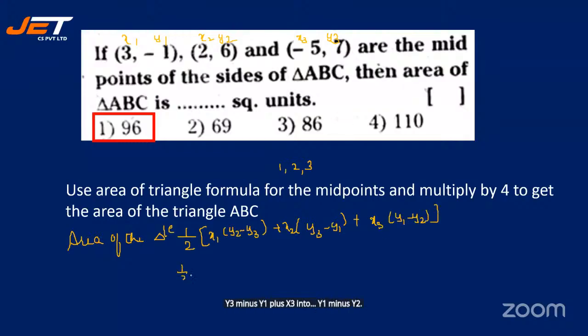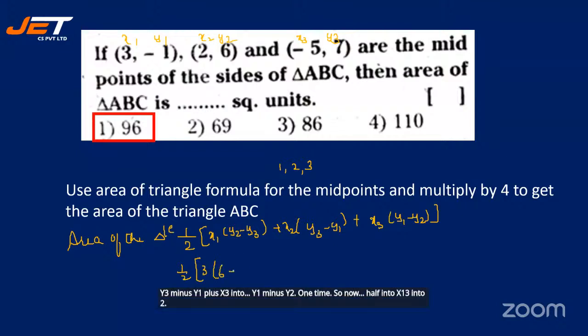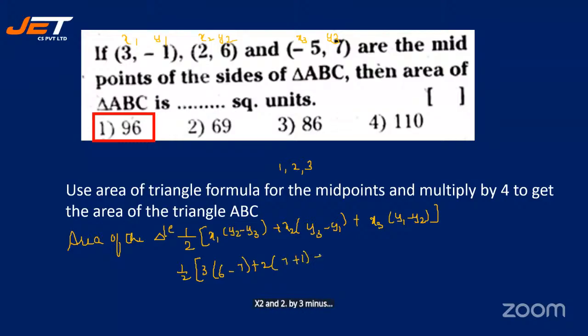All right. So now half into x1 is 3 into y2 minus y3, plus x2 into y3 minus y1, plus x3 into y1 minus y2. Right. So half into minus 1 plus 2 into 8 minus 5 into minus 7.